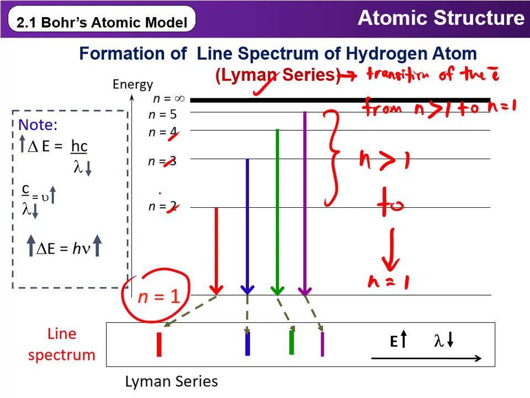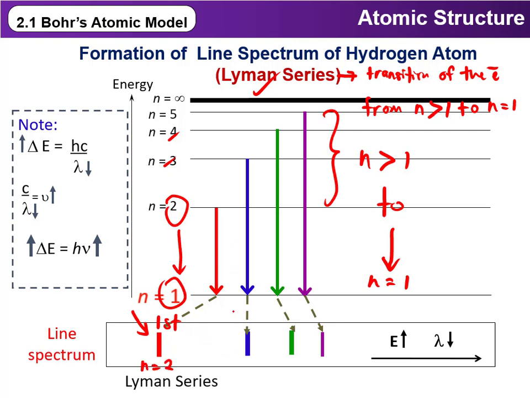So one transition is from 2 to 1. When the electron drops from 2 to 1, it will produce the first line. The first line is produced when the electron drops from n equals 2 to n equals 1.